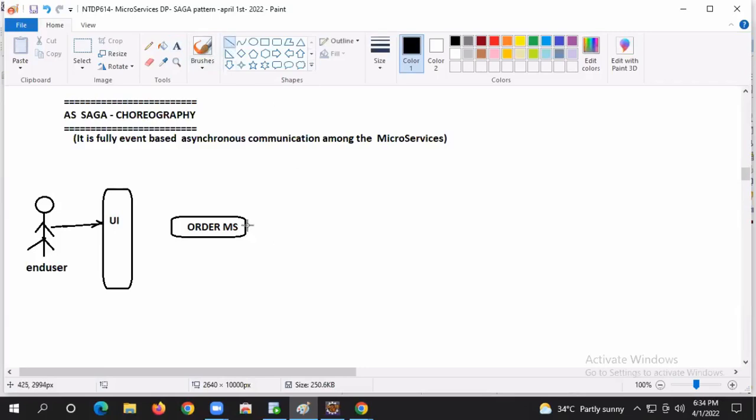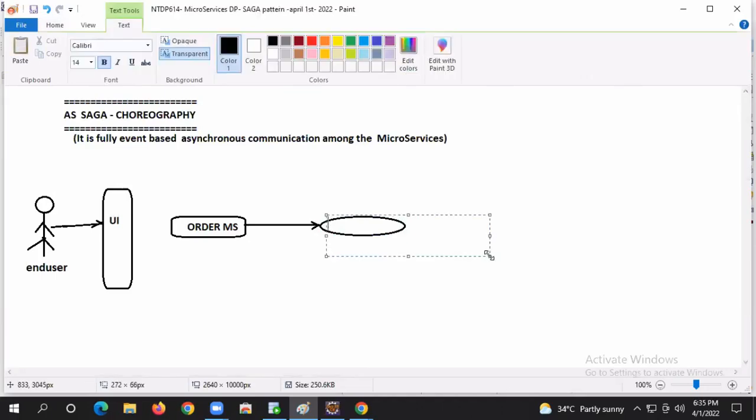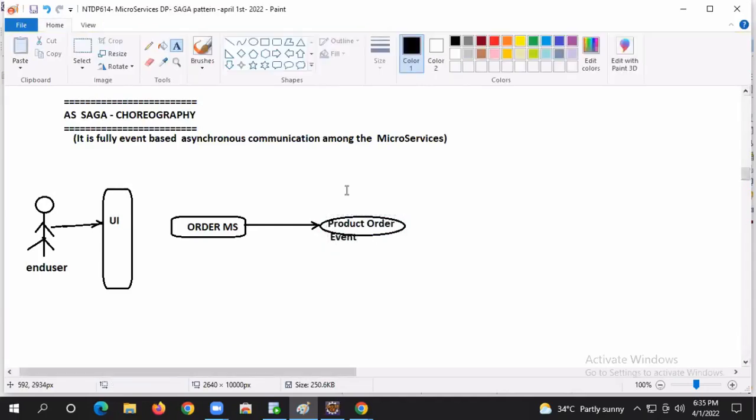It is purely message-based, event-based communication, guys. Once the product is ordered, one activity of the event is what, guys?